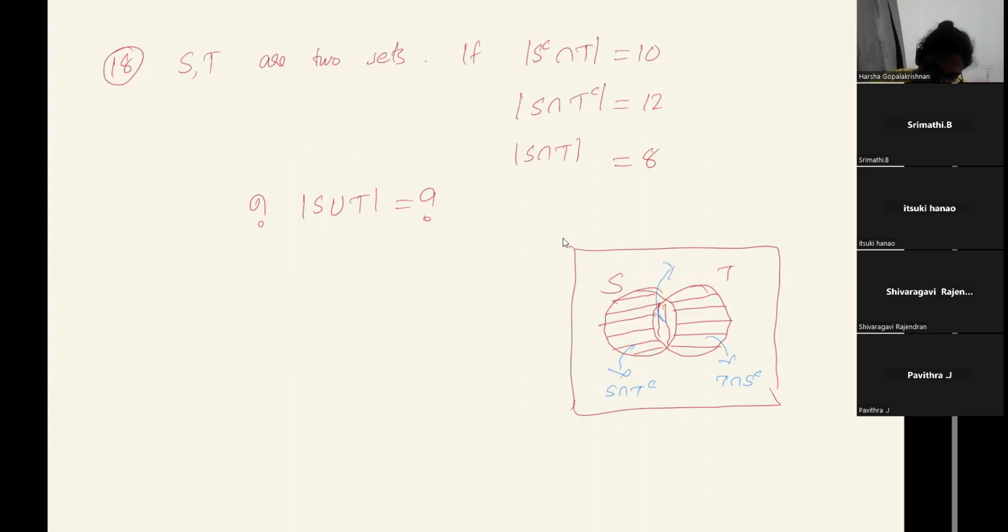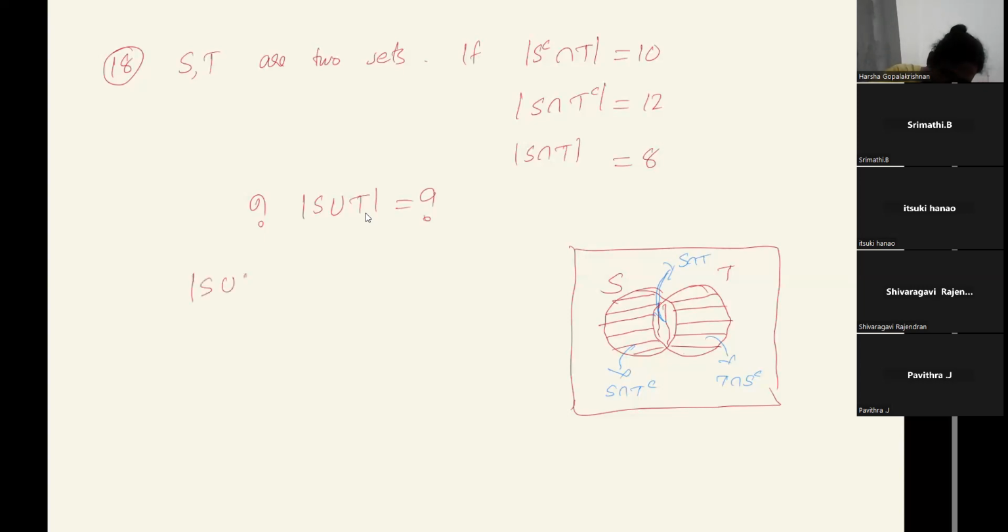S intersection T. So the cardinalities of all these three sets are already given here: S complement intersection T, S intersection T complement, and S intersection T, right? So what is the cardinality of S union T? I think the answer is 30. Yeah, we just need to add all these values.